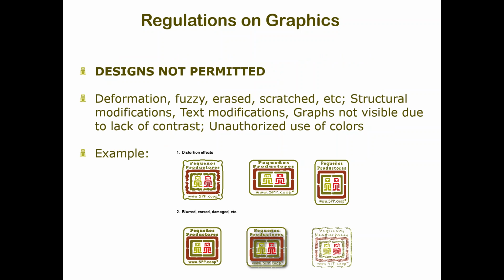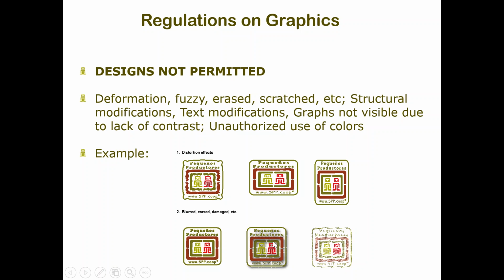These are the designs not permitted: deformation, fuzzy, erased, scratched, structural modification, text modifications, graphics not visible due to lack of contrast, or unauthorized use of colors. These are the non-permitted versions.